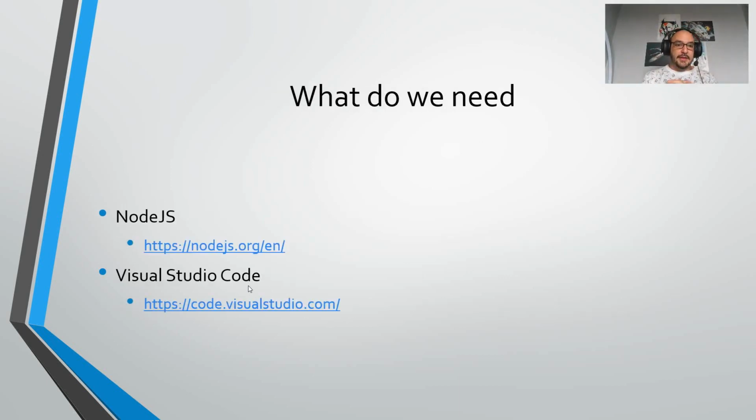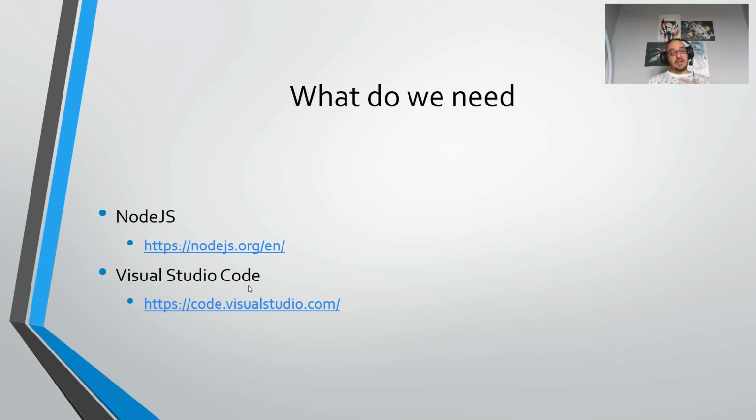So enough theory. The next thing would be, well, what do we need? How can I start developing applications? Well, we need Node.js. So you're going to go to nodejs.org, and with that, you can download Node.js and we will start building applications very soon. The second thing we need is an editor.